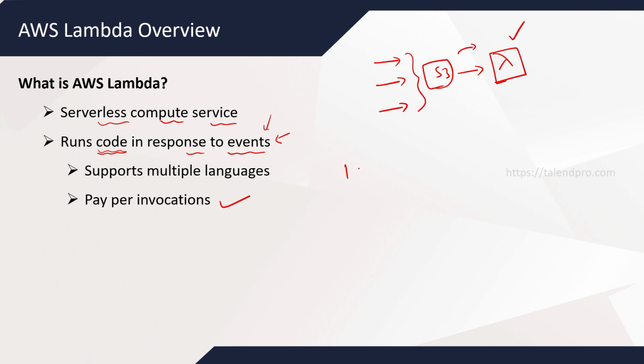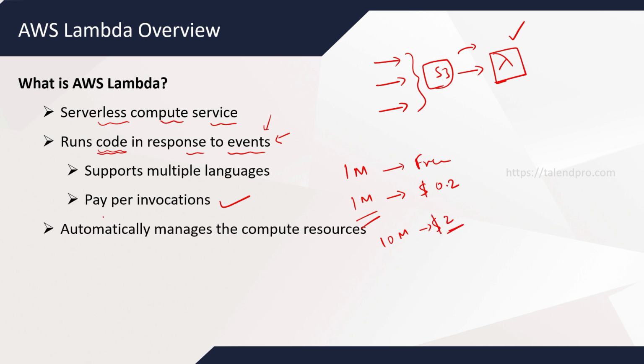For every account, the first 1 million requests are absolutely free, and thereafter it charges only $0.20 for every million. So if you are making 10 million invocations, you will have a charge of only $2. And you don't have to work on your compute resources, because Lambda itself will automatically manage the compute. It also has built-in metrics captured on CloudWatch.